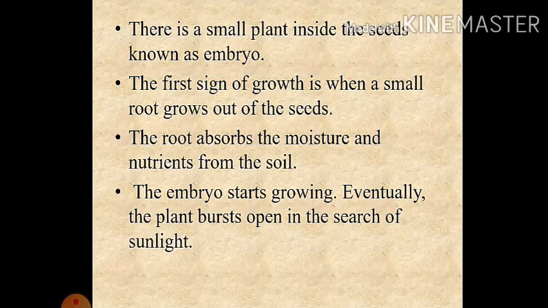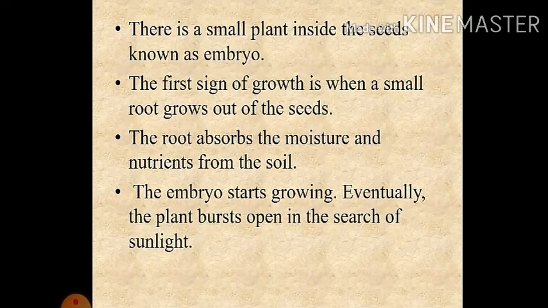Now what does the root do? It absorbs all the moisture, minerals, and nutrients present in the soil. With the help of that, the embryo, the small plant in the seed, starts growing, and a time will come that it will burst open.